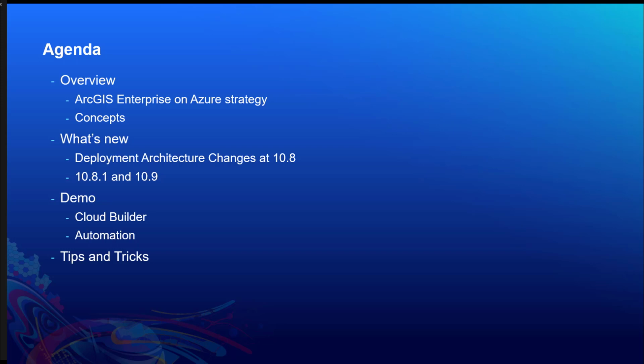Then we'll discuss what's new since the last time we met, which is the two releases, the 10.8.1 and the 10.9 release that's coming up soon. We'll follow that up with some demos of using Cloud Builder and our automation technology. And we'll finish up with some tips and tricks to help you navigate the Cloud Builder tool.